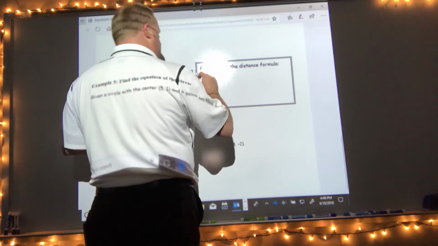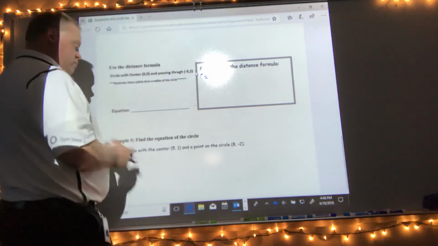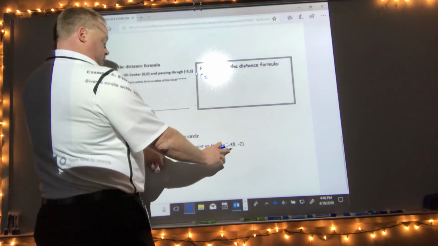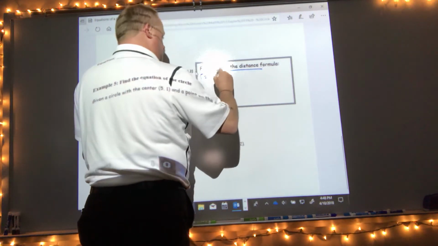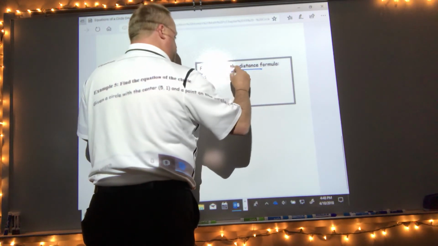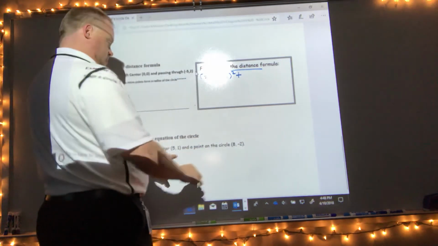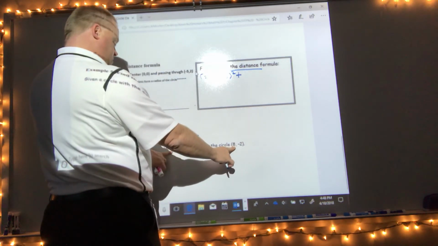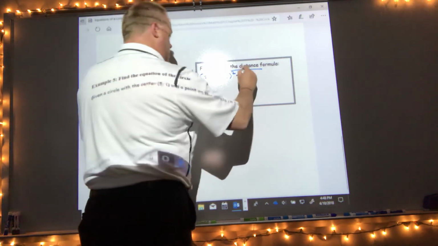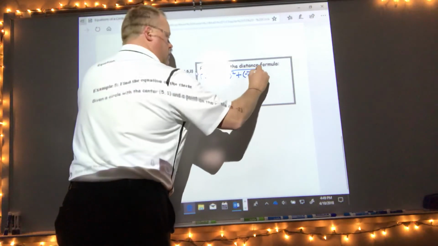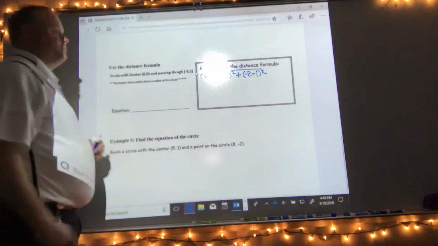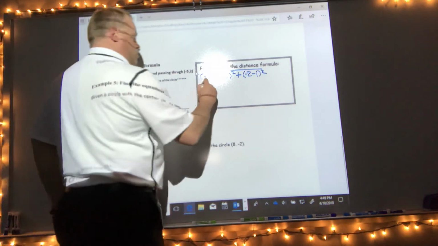My radius of this circle is going to be equal to, well, 5 and 8. So the square root of 8 minus 5 squared plus, since I started with 8, I have to start with the negative 2. So negative 2 minus 1 squared. So here we go.